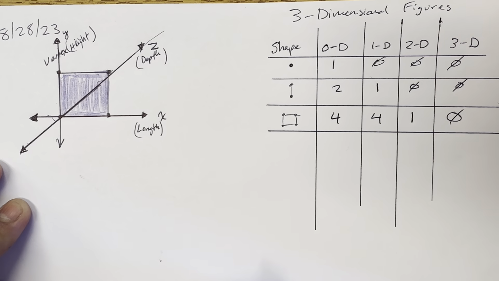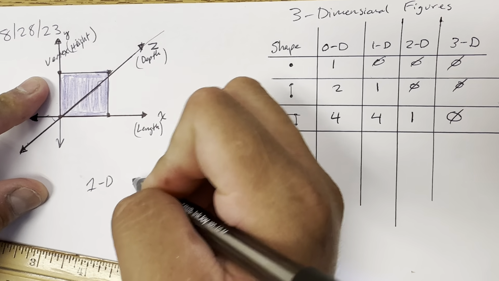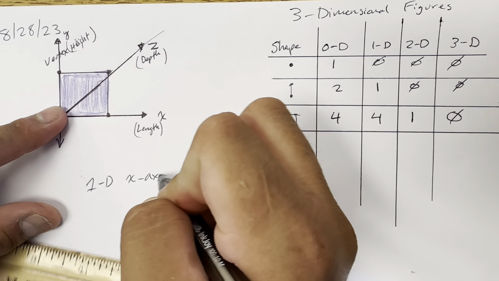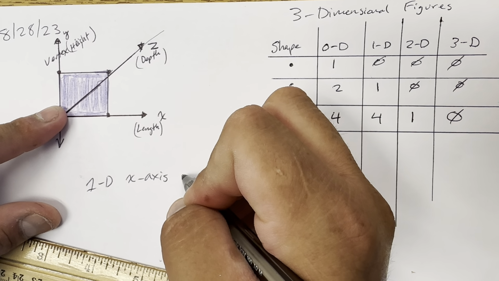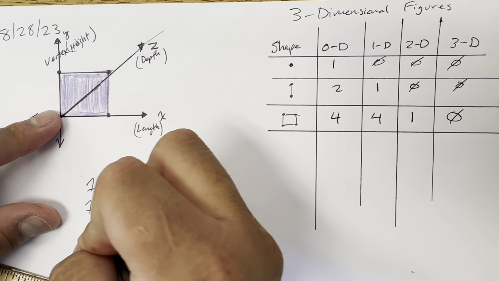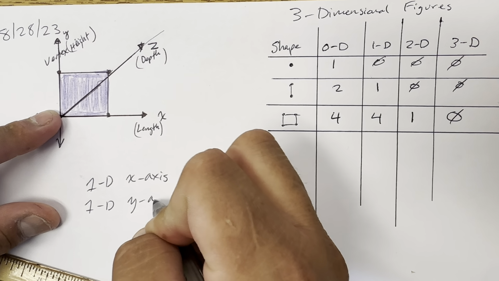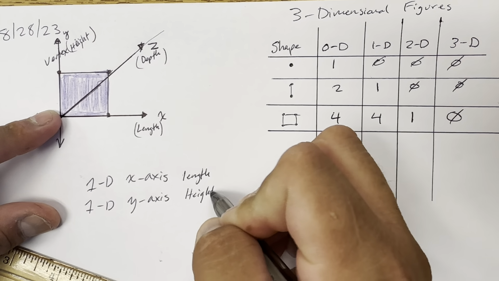So for 3 dimensions, 1 dimension is your x-axis, and again that is your, let's say your length. Another dimension is going to be your y-axis, and that's going to be your height, how tall.